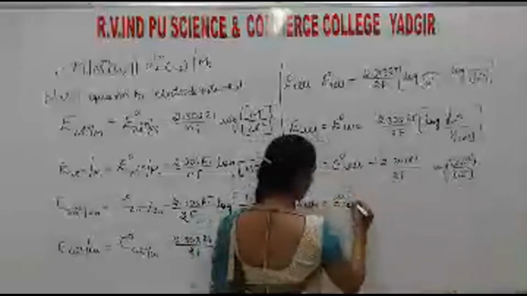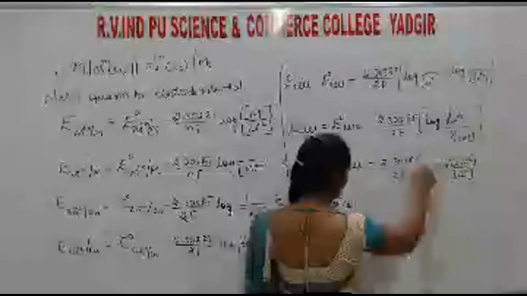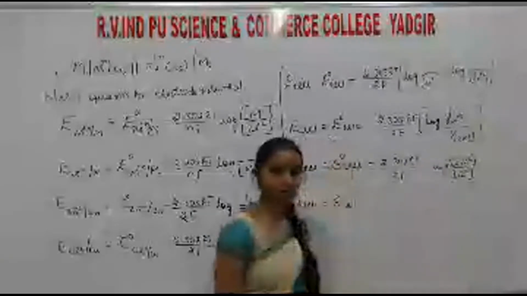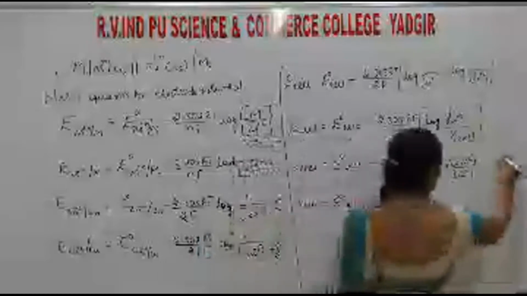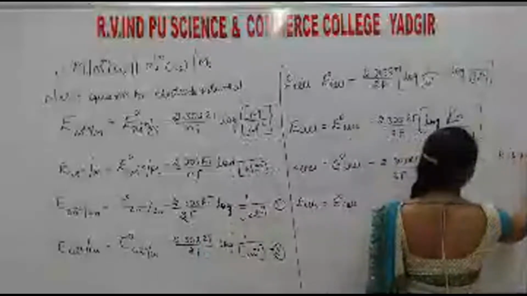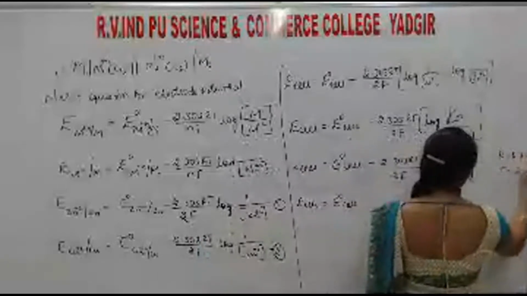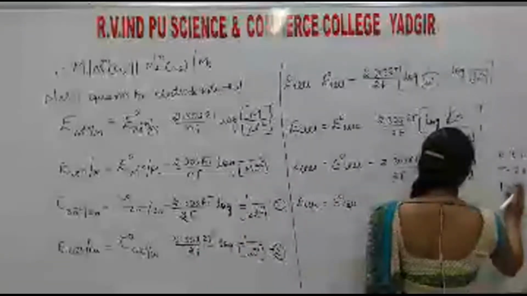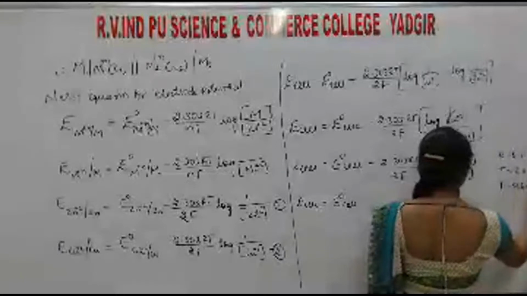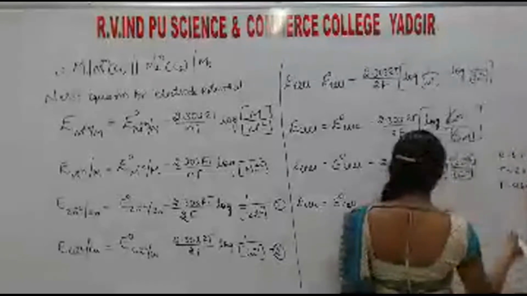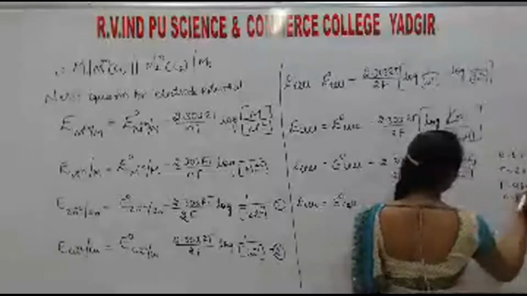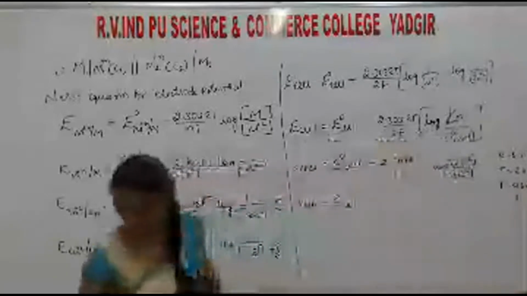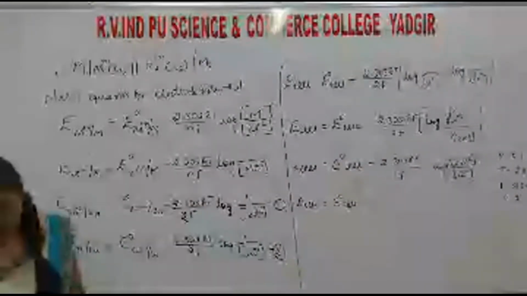So students, if we calculate all this, take R is equal to 8.314. Temperature is 298 Kelvin. Faraday is 96,485 and N value is 2.